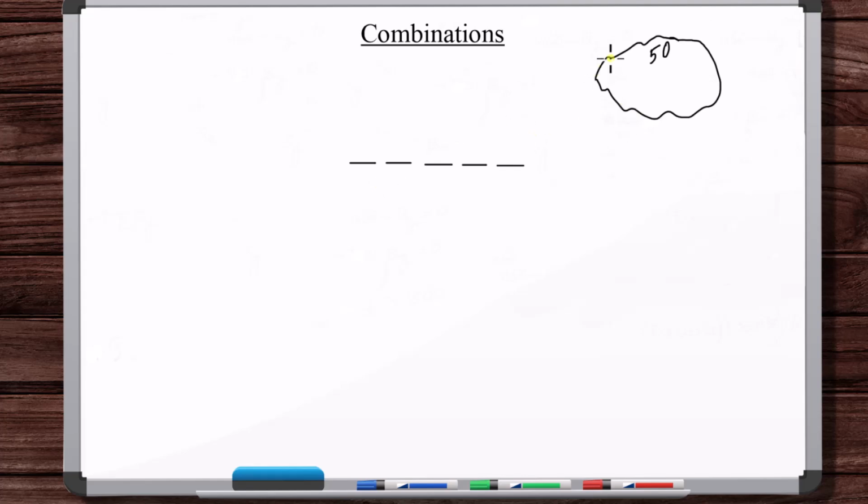So for a combination problem, when it comes to the picking of a 5-person basketball team, we don't care if Tim is picked first, Philip second, or Philip's picked first and Tim second. We just want to know the number of different 5-person teams we can pick, regardless of what the order is. That's the difference between a combination and permutation problem. With a combination problem, you don't care about the order.